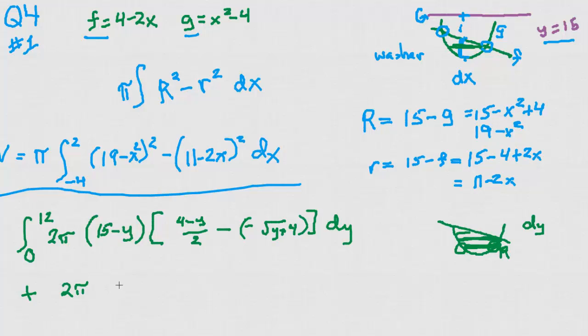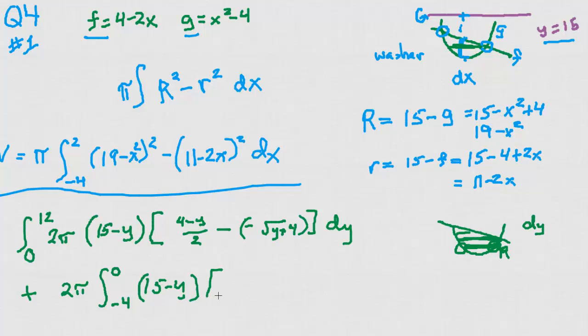Now the bottom part. I've got my 2 pi; we can put that inside or outside the integral, it doesn't matter. We're going from negative 4 to 0 for the bottom part. The very bottom of the parabola is at negative 4, and then the transition area we have is 0. Once again, the radius, the distance from the region to the axis of rotation, is 15 minus y.